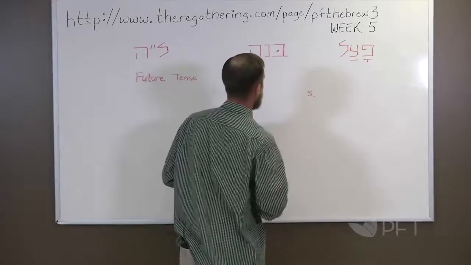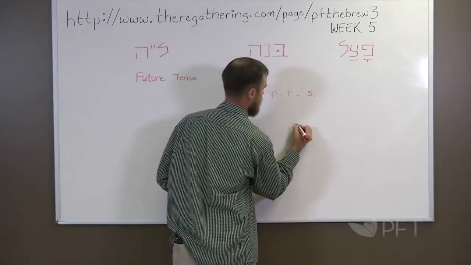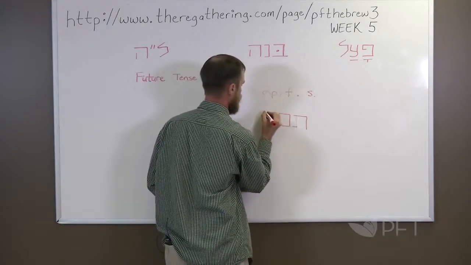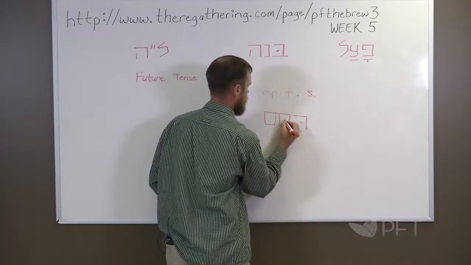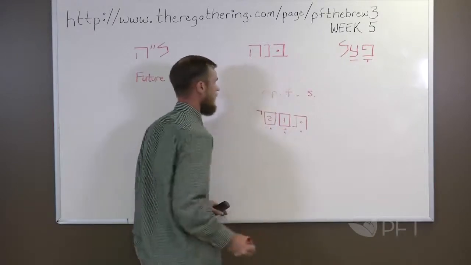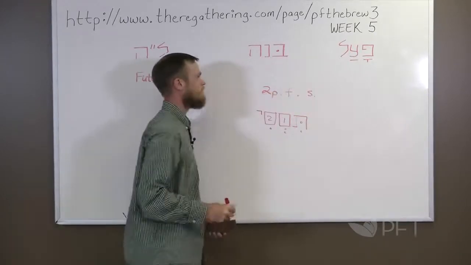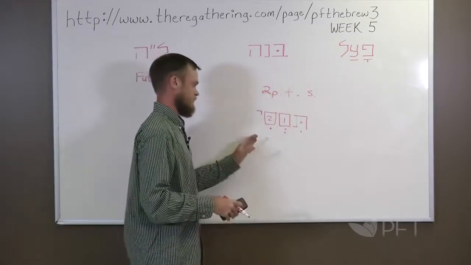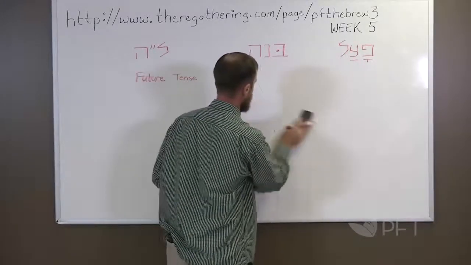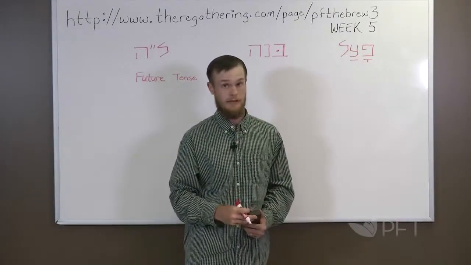So, in the second person feminine singular, we find once again that the hey has been replaced by a yod. But otherwise, except for the cases where suffixes are used, you'll notice in the Lamed Hey that the hey remains intact through most of the future tense. However, it does disappear in quite a bit of the past tense.